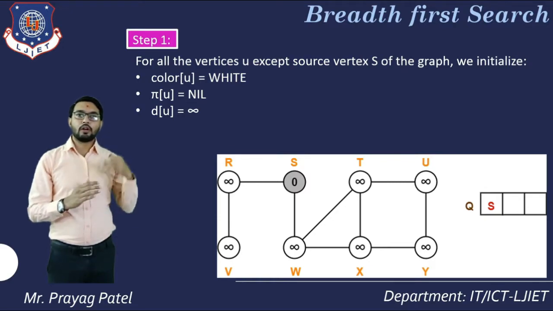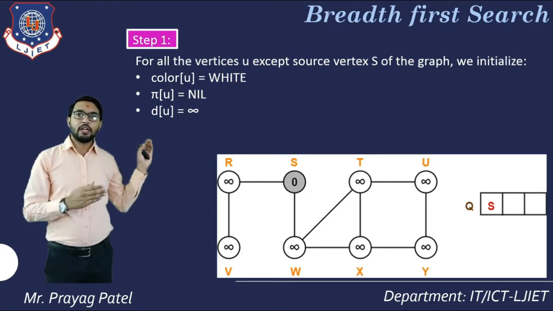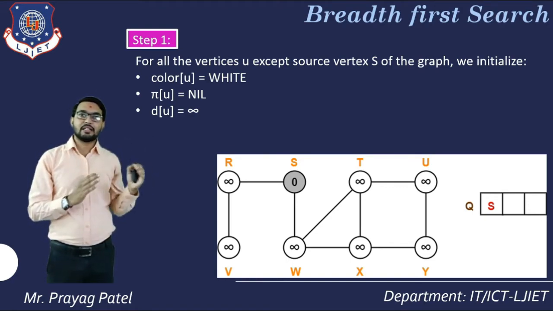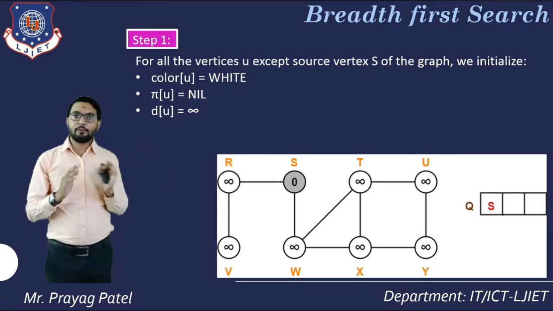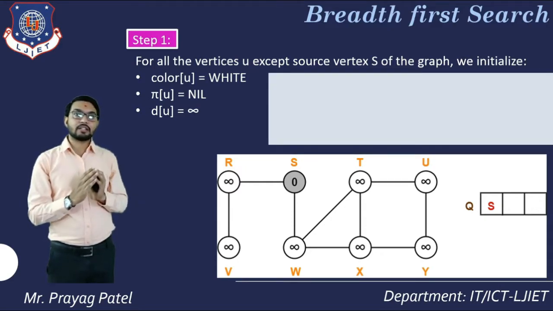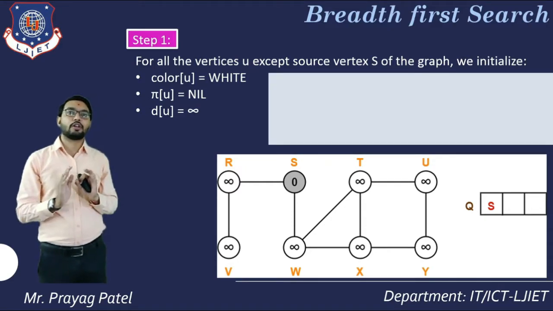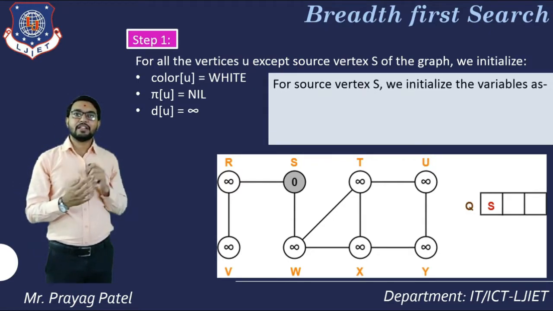When we move through the graph, we can decide the distance. So d of u represents the distance of the node, and it is infinity for each node initially. Here node S has distance 0 and all remaining nodes have distance infinity, because S is the initial node.